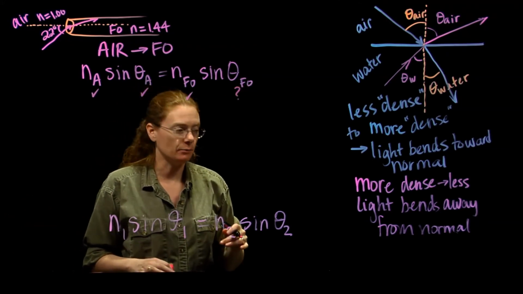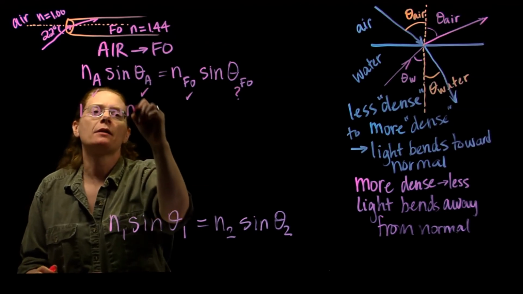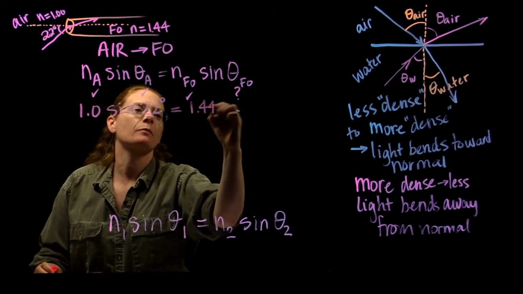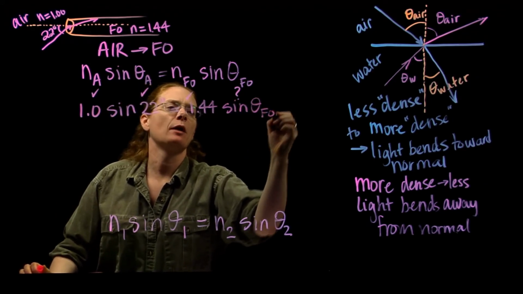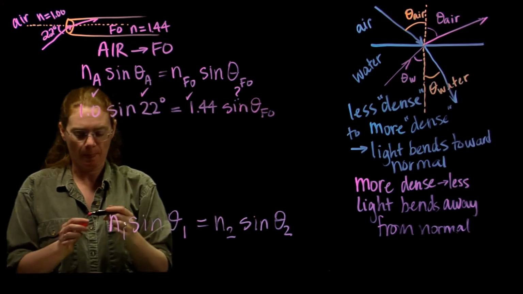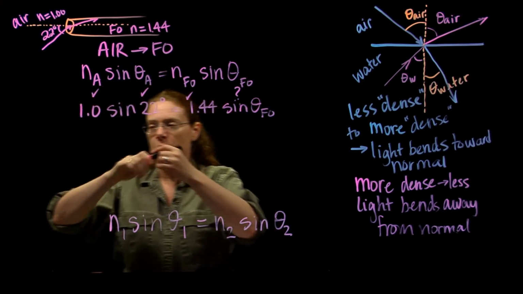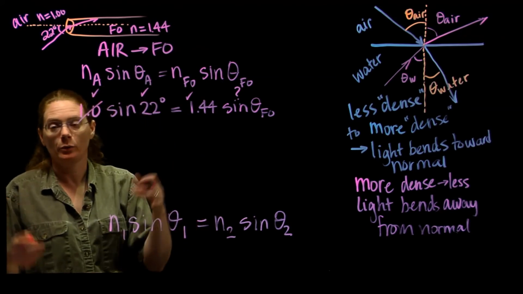Got it? I can solve this. It's already there. 1.0 times the sine of 22 equals 1.44 times the sine of the angle in the fiber optic. And so I want to solve for this. That's the only unknown. We got this. This 1.0, I'm just going to ignore it because it doesn't change anything. Nice when we have air.